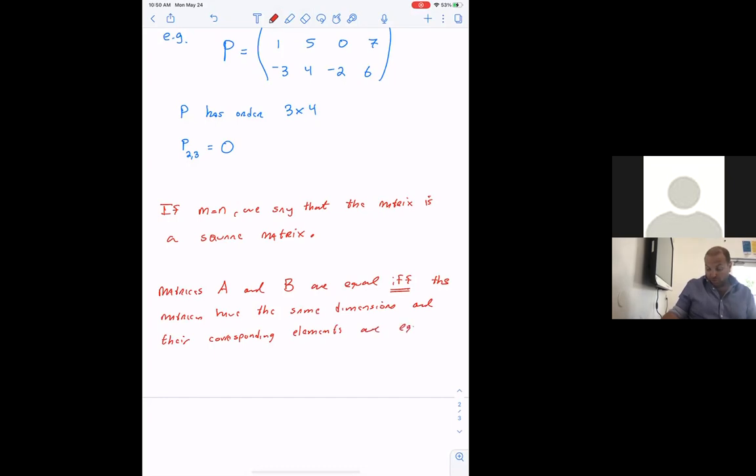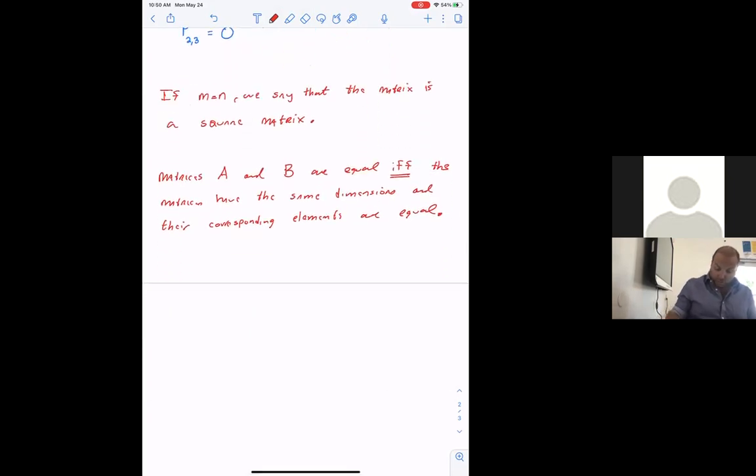So the matrices have to have the same number of rows and columns and the same coefficient in every slot.